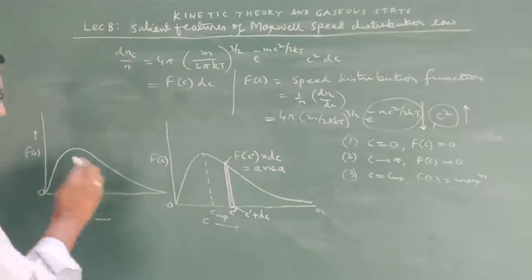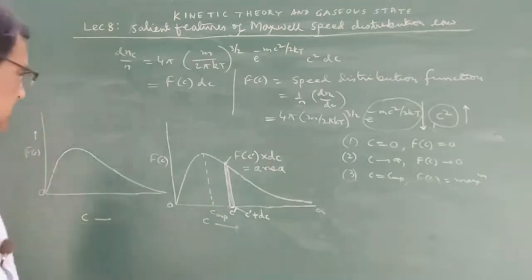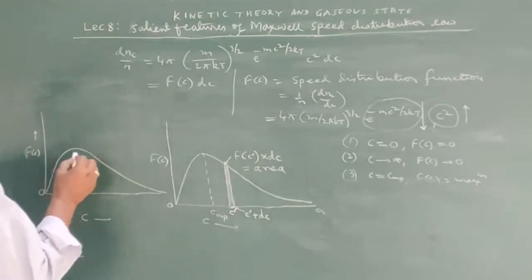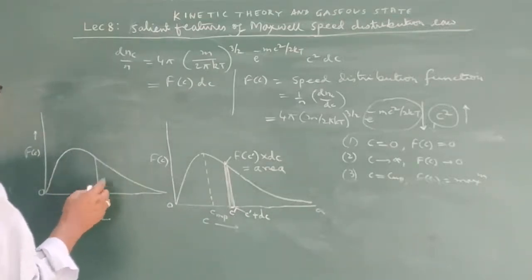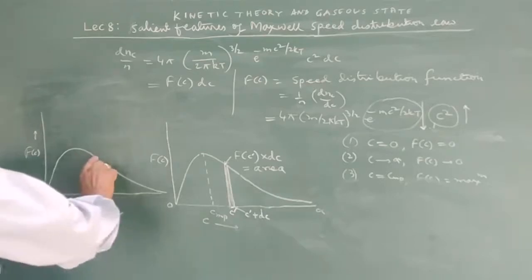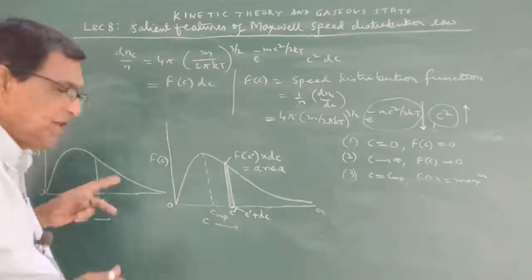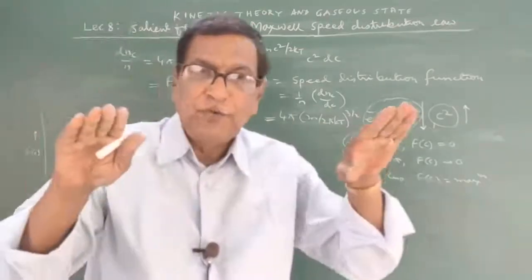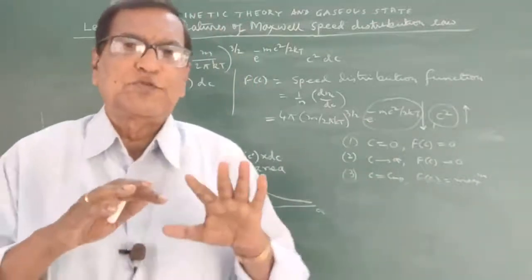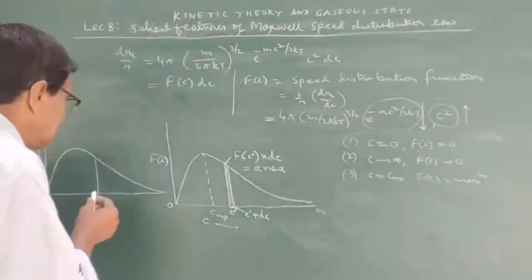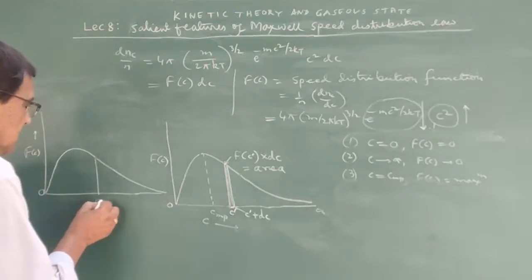This is the origin. Suppose here, this ordinate will represent the fraction of molecules having this speed c'. So this is c'.